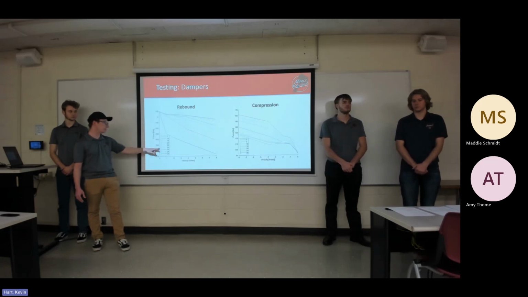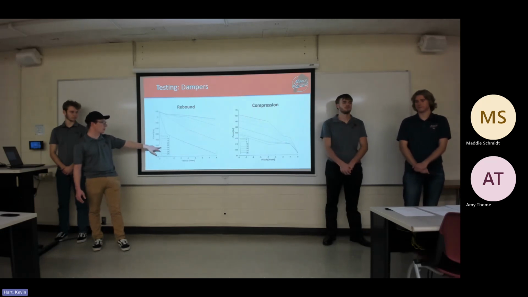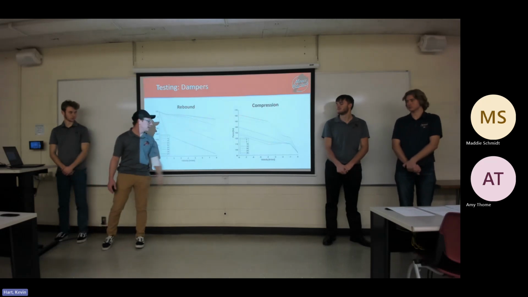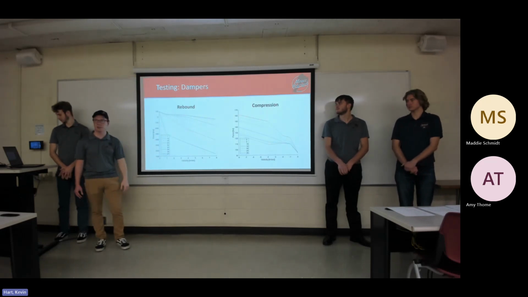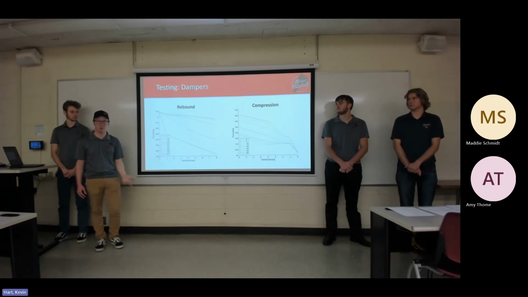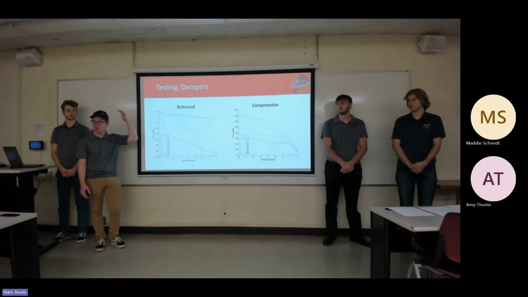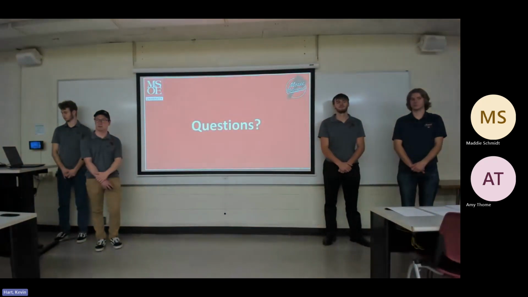So say rebound setting number 24 out of 27 is this blue line here that relates our force to our velocity for that given clicker, and then we can adjust it as needed, but knowing what to design around, a midpoint, so that we're not designing the suspension and then having our dampers be like, oh, we need to run it at 27 or else it's useless, and all other 26 settings just aren't usable. Any questions?